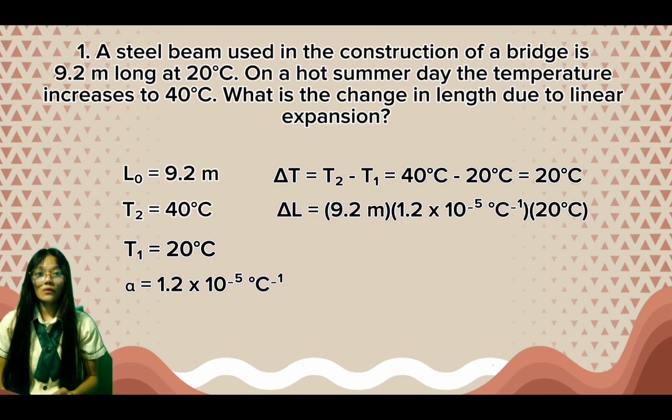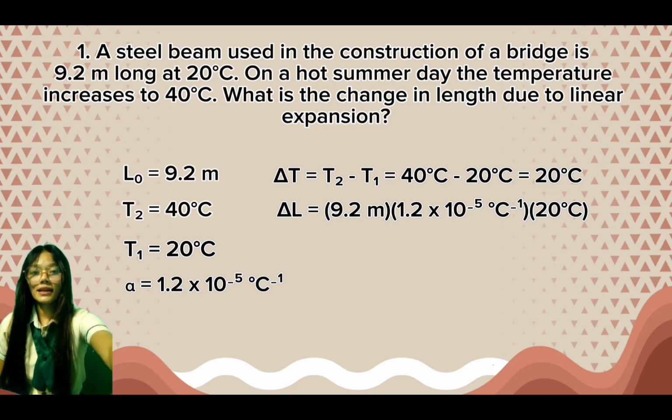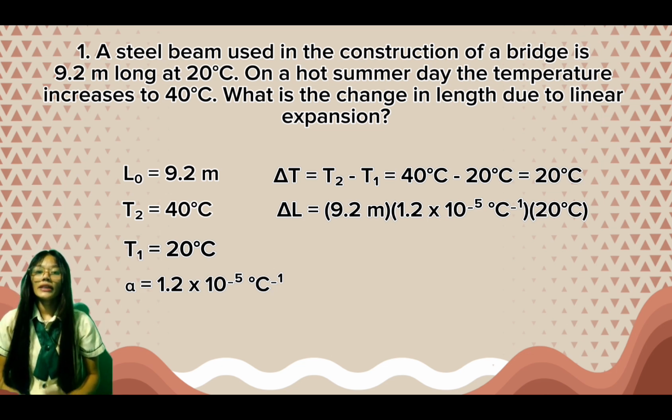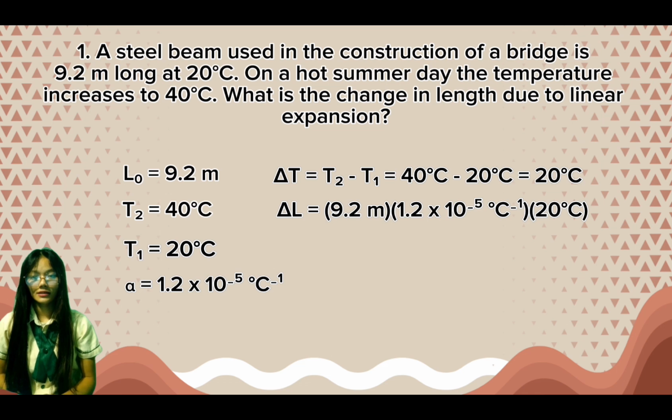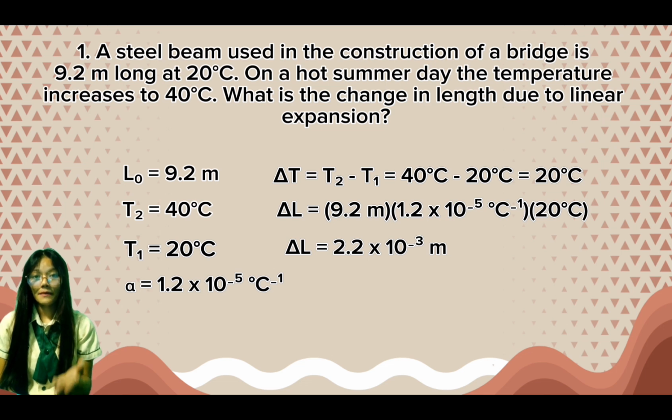Delta L equals 9.2 meters multiplied by 1.2 times 10 to the power of -5 per degree Celsius, multiplied by 20 degrees Celsius. So the last thing to do is to calculate the change in length. So this is the final answer. The beam expands by 2.2 millimeters.